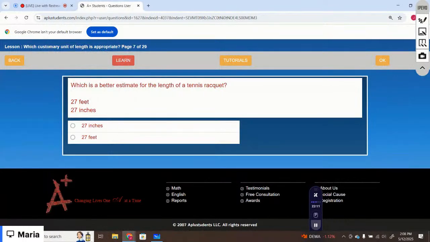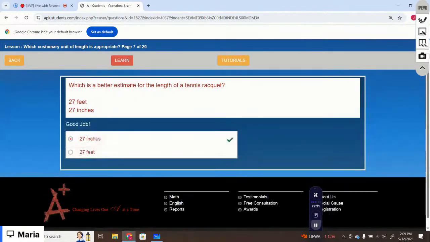Which is a better estimate for the length of a tennis racket, 27 feet or 27 inches? Which is the correct option? It would be 27 inches because 27 feet is too long for the tennis racket.